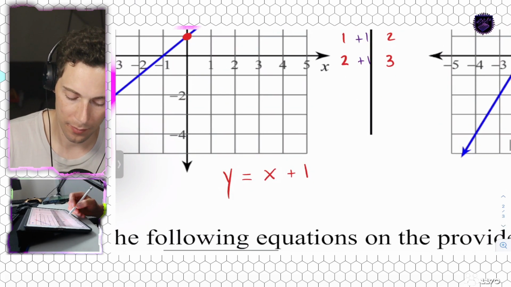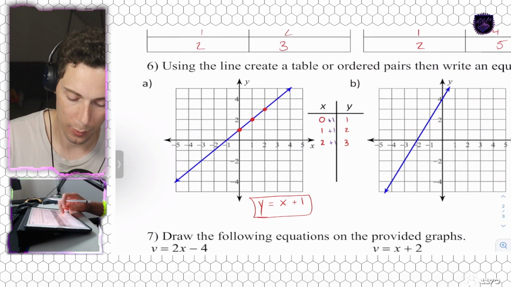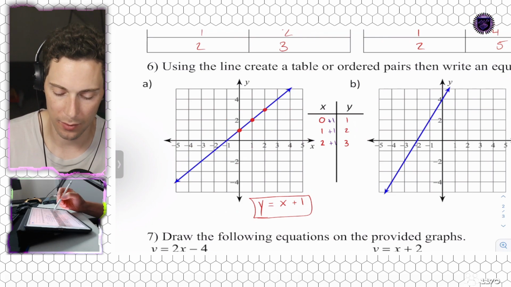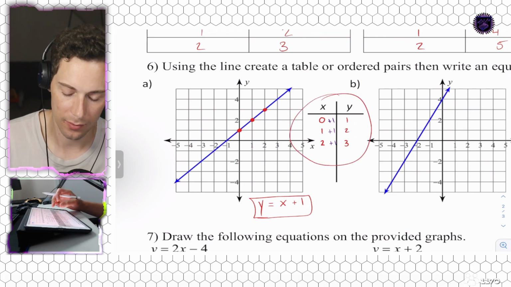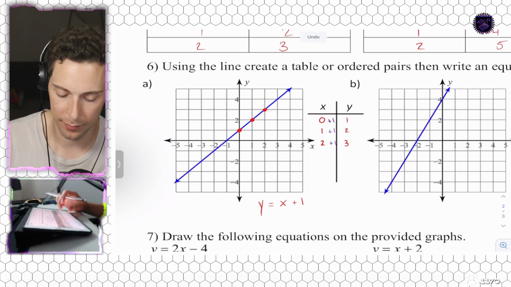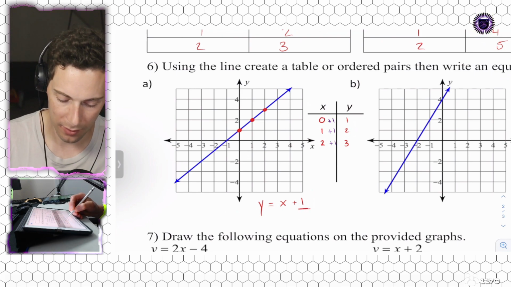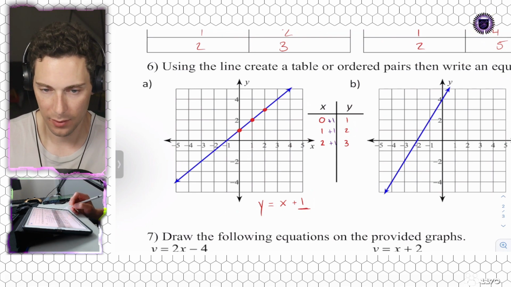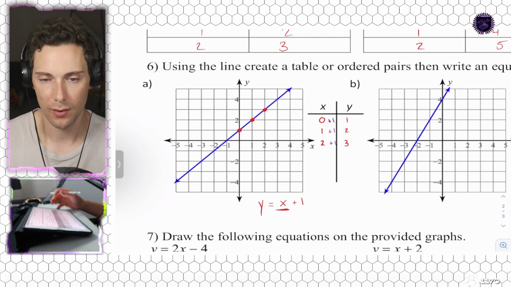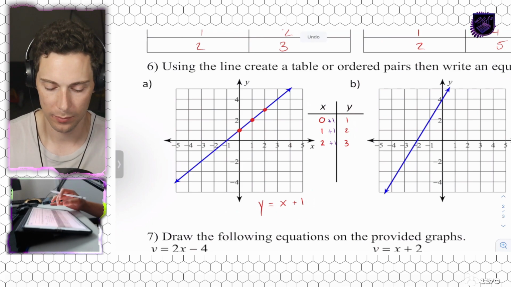Now, this formula will represent this line and this table chart, and these are all related. Now, I'm sure in class I've already mentioned that this is the y-intercept, and this is the slope of the line. Okay.